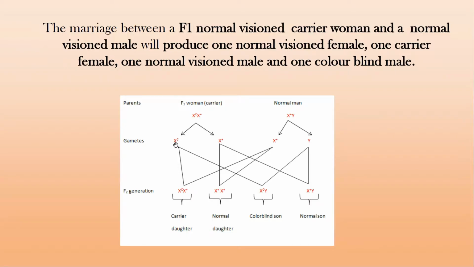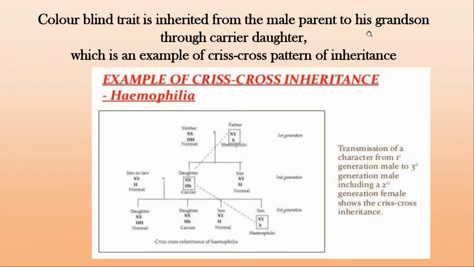When the egg is fertilized by the Y gamete, the person produced will be a color blind son, because even in the hemizygous condition males will be color blind, whereas females will be carriers. So the color blind trait is inherited from the male parent to his grandson through the carrier daughter. This is an example of the crisscross pattern, from father to carrier daughter and from daughter to grandson, as seen in hemophilia.